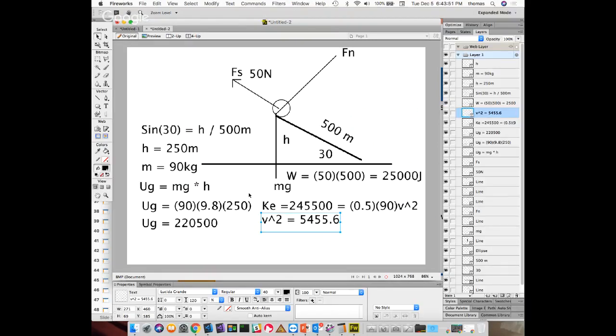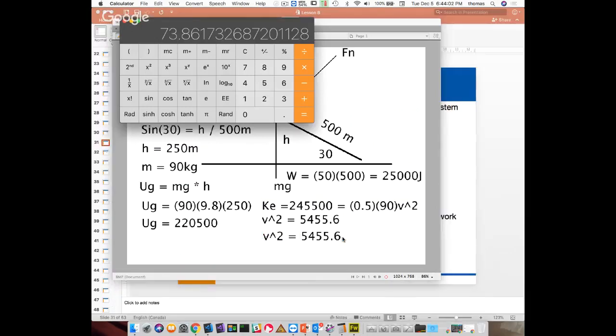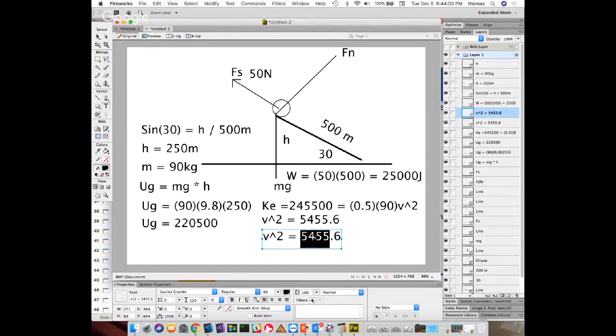And let's see, does that make sense? That's what you have to ask yourself, if it's something whack. Like, that's pretty fast. All right, so 73.86 meters per second. It's v. So we just took the square root of that.